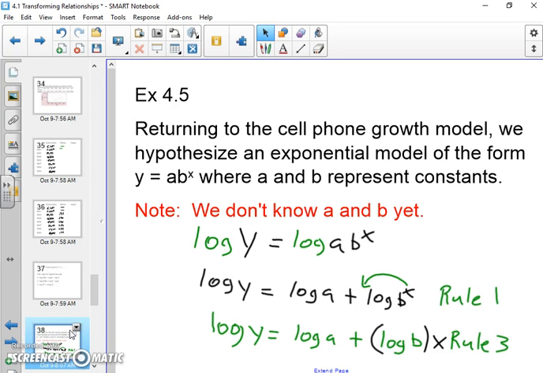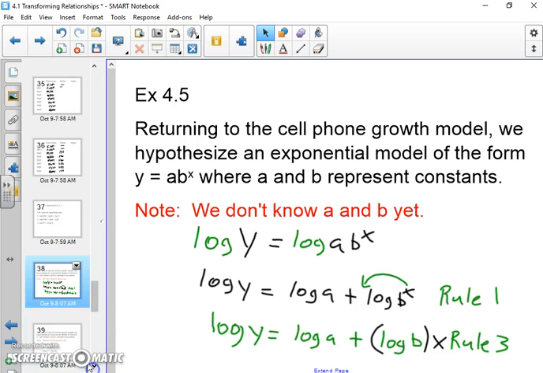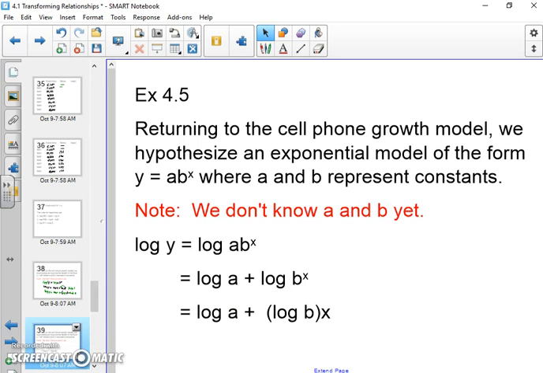Now on this next slide, I actually have the work for how to turn this right here into something that looks like the least squares regression line, and it's actually a little cleaner down here, so let me go ahead and switch down here. This right here is actually an exponential growth model. So y is equal to ab to the power of x.